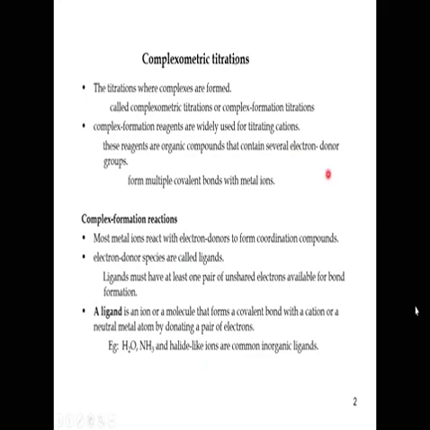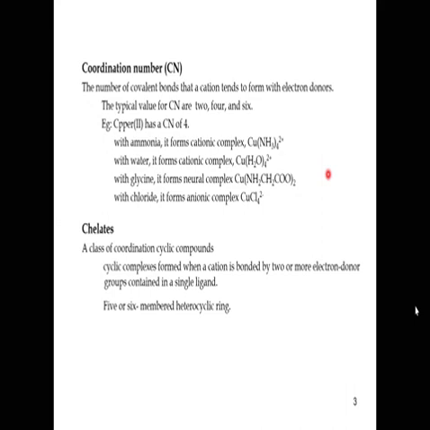The next slide is the coordination number. By definition, it is the number of covalent bonds that the cation tends to form with electron donors. So simply, it is the number of coordination bonds a metal ion can make with ligands.